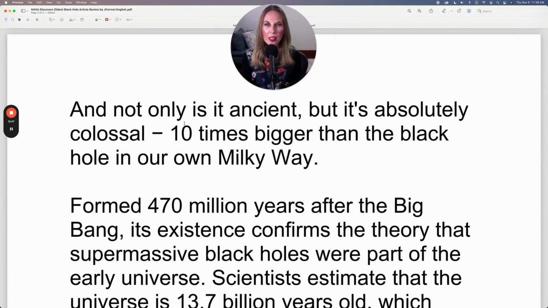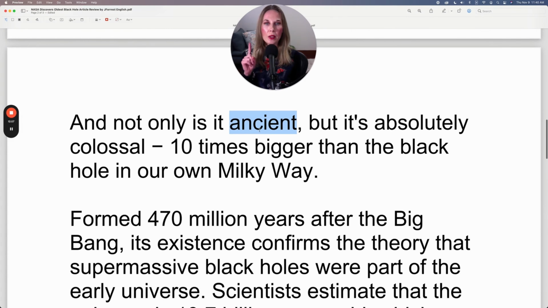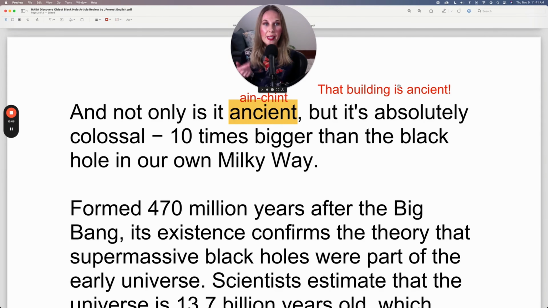And not only is it ancient, but it's absolutely colossal. Ancient means extremely old. And notice the pronunciation, ancient, ancient. So as an adjective, it's to be ancient. That building is ancient.